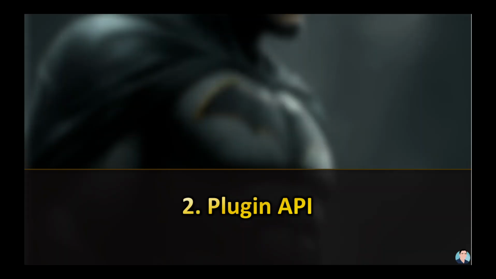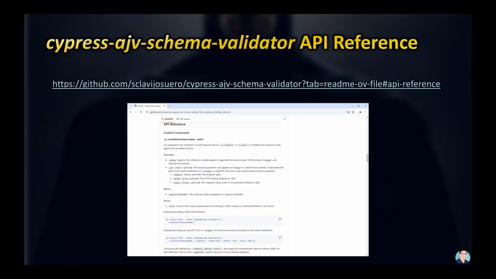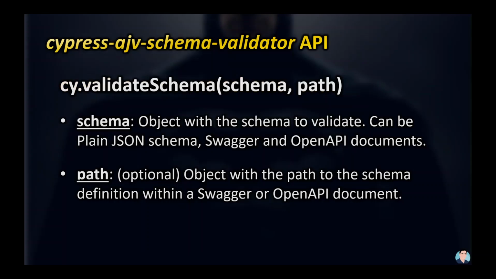Before we write our first test, we're going to have a look at the plugin API. The detailed API reference is available in the plugin's GitHub project. The plugin has one custom command called validateSchema with two parameters. The first parameter, schema, is mandatory and is an object with the schema to validate.